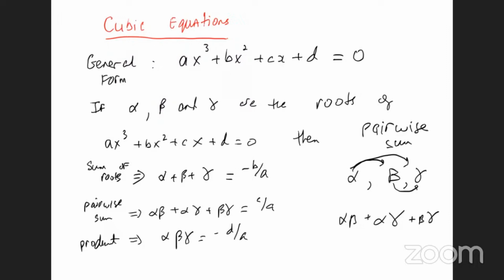Okay? The last thing is we have to also be able to write the general form, right? When equal to 0, the general form is as follows, right?